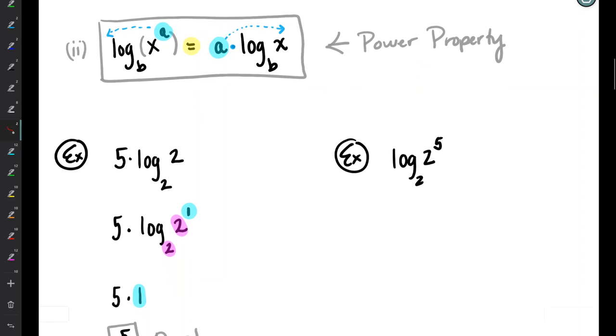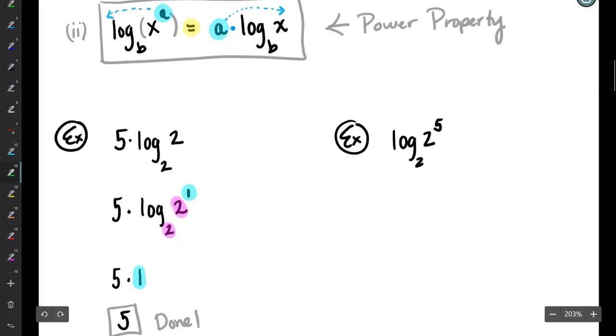All right, so I've been using the blue for exponent a whole lot, so I just want to change this one to a different color because I want to underscore the power property here with the blue. So here, I want us to see that 5.